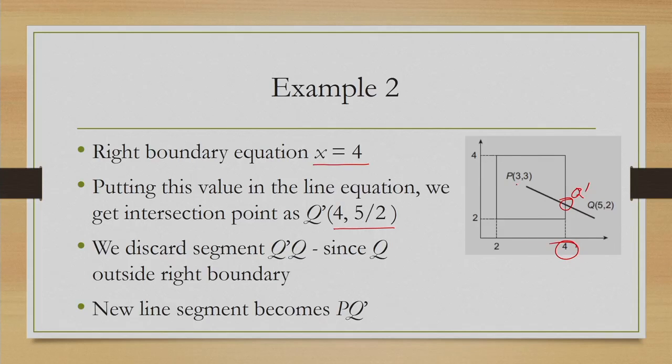So, since the line crossed the boundary, Q dash Q is outside the boundary because Q is outside. So, this segment is discarded and the new line segment becomes P Q dash. These are the two new endpoints.